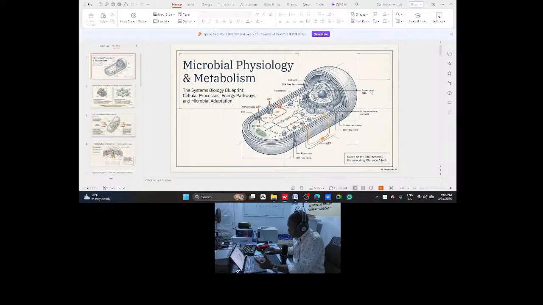What I just want you to realize from here is that this is a typical cell wall. It is very, very important for the survival of any organism, especially bacteria.